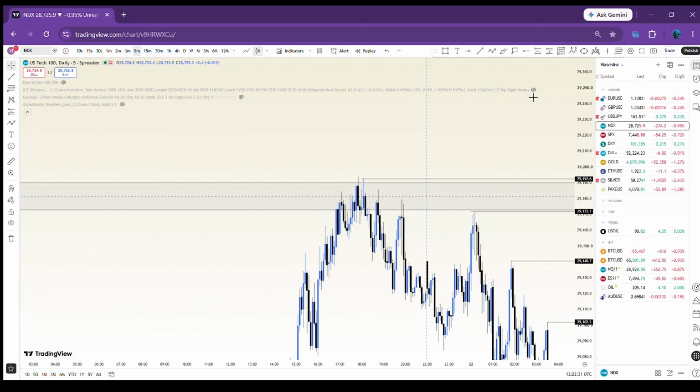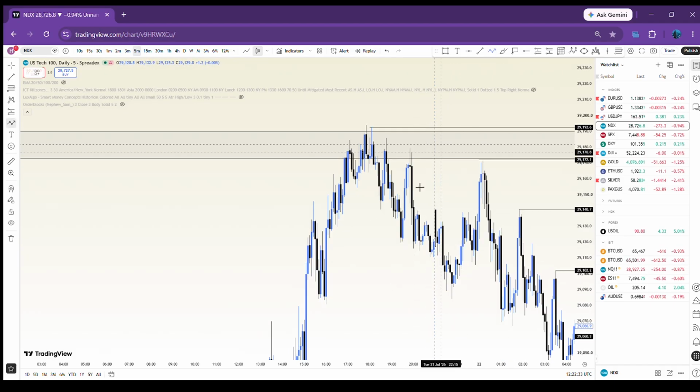When does the market become bearish? If the market is making higher high, higher low, higher high, and it breaks the previous higher low, it then tries to make lower high, lower low, lower high, lower low.